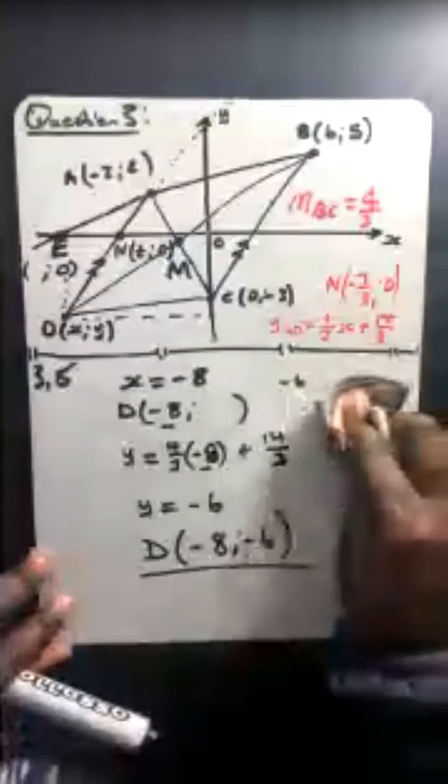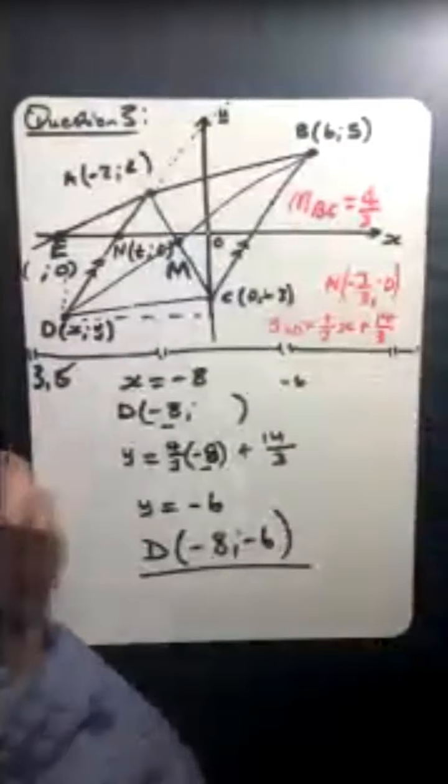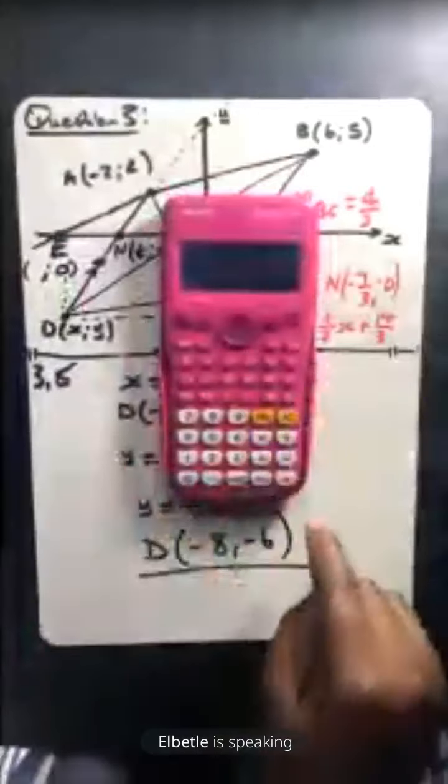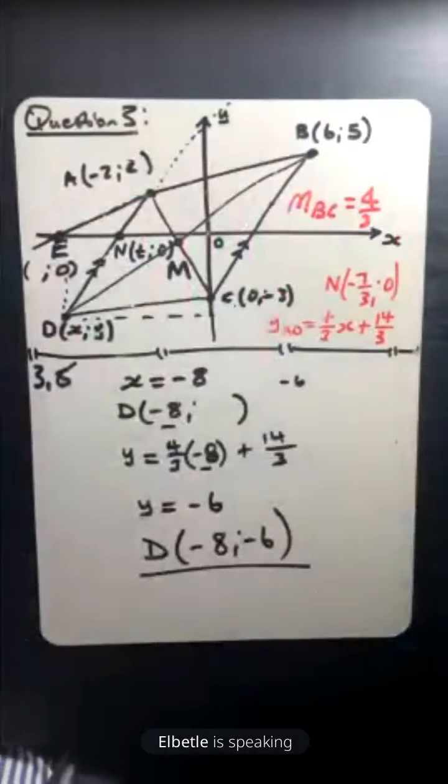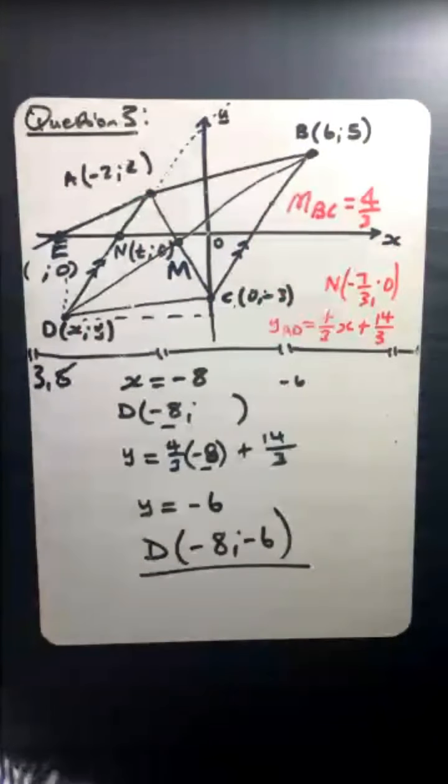So you need a calculator similar to this one, which has a fraction button. It's 4 over 3.